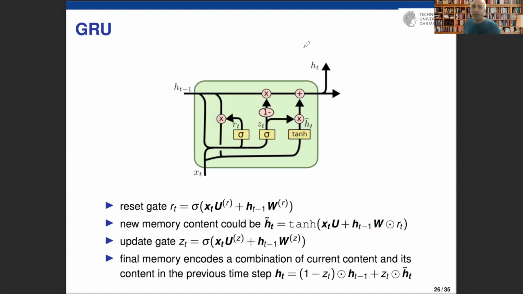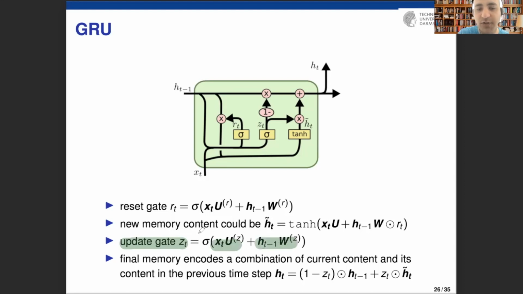We also define another gate, the update gate. So we say, okay, if we do not reset, but instead we update, so if we want to completely update the memory, we define some update gate like z_t, which is the sigmoid of a linear transformation of the input token plus the linear transformation of the hidden state.